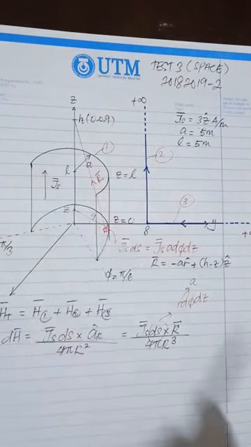So let's substitute all these values, the R here, the Hs and so on to be here. So what's going to happen? You can see from here, Hs is also given as 3 a_z, right?